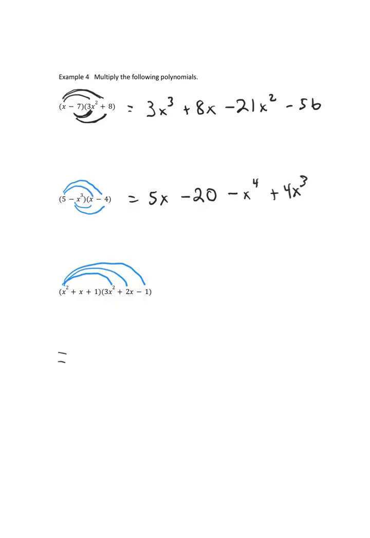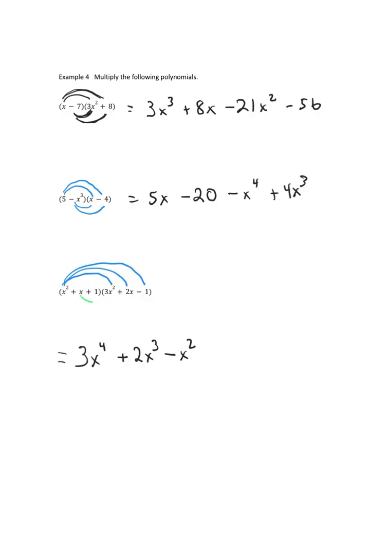X squared times 3x squared would be 3x to the fourth. Remember, you're multiplying, and therefore the exponent changes. Then the next one would be plus 2x cubed. Then the third one would be minus x squared. So that takes care of all those blue markings.